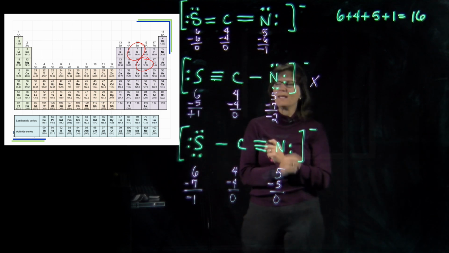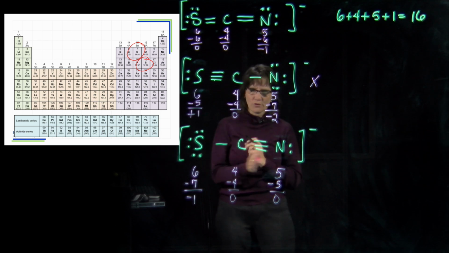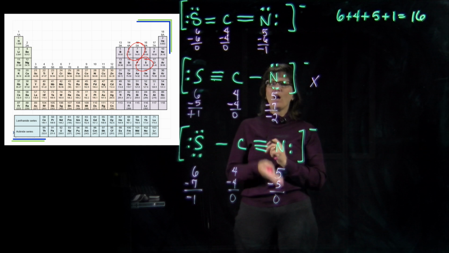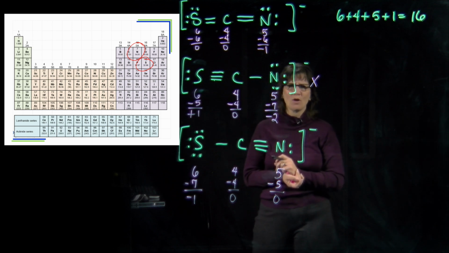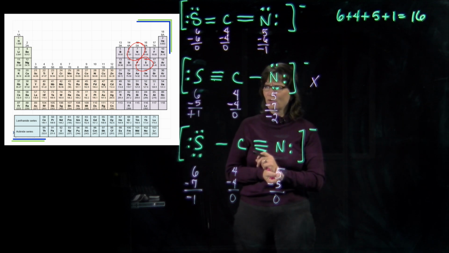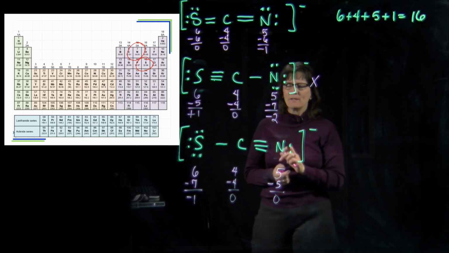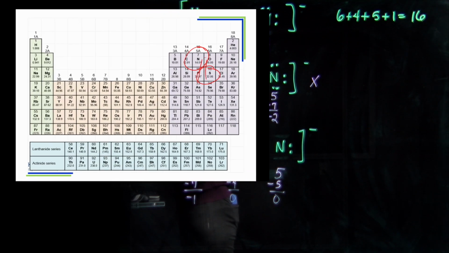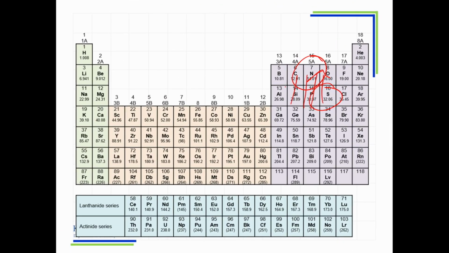We find nitrogen and we find sulfur on our periodic table. So here's the nitrogen, and here is the sulfur. Now it's kind of hard to distinguish which one's more electronegative between those two, because we know that as we go to the right, sulfur is farther to the right and electronegativity increases as you go to the right. But we also know that if you go up, electronegativity increases. And so nitrogen's above sulfur and sulfur is farther to the right. But the fact of the matter is there is a bigger increase in electronegativity when you move up the periodic table, and there's not as great or as drastic a change as you move to the right. So that makes nitrogen more electronegative than sulfur.